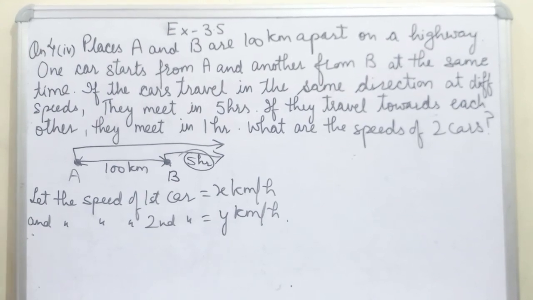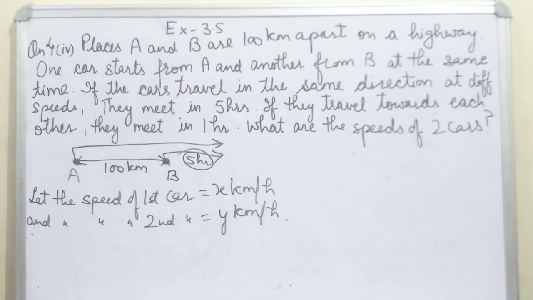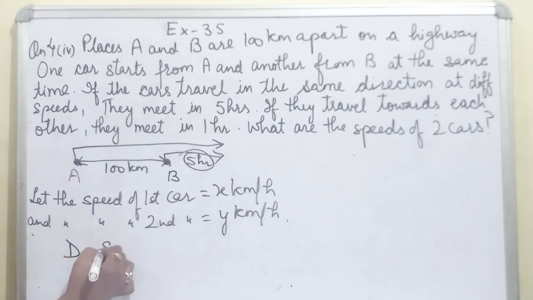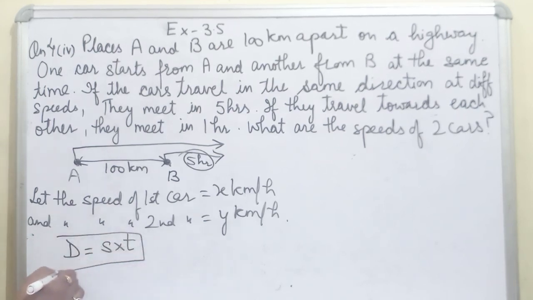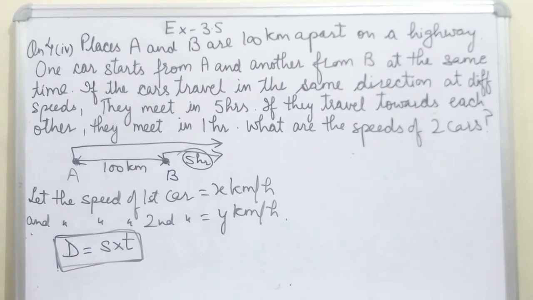Can anybody tell me the relation between distance, speed and time? Speed is equal to distance upon time. That means distance is equal to speed into time. You have studied this formula in your physics or science book, right? So this formula will apply here.